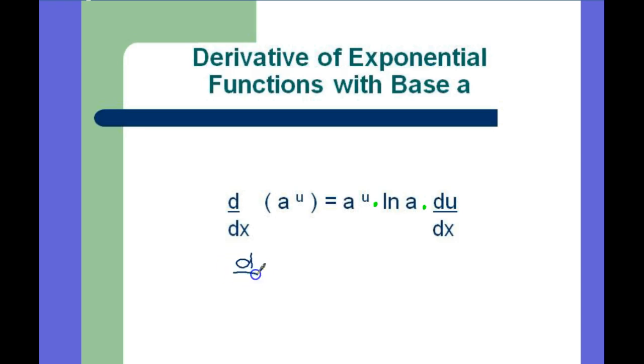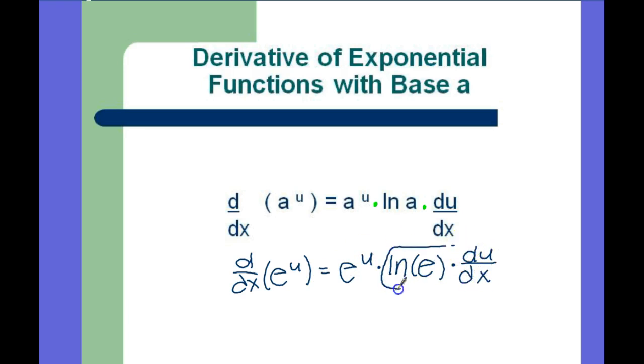So let's say this. What happens to this piece that we really see every time but we don't know it? It becomes 1, right? So a to the u is identical to e to the u.